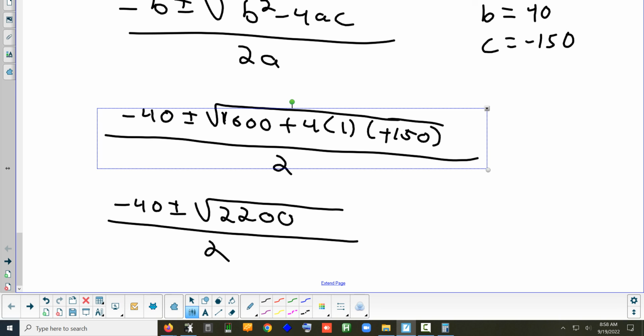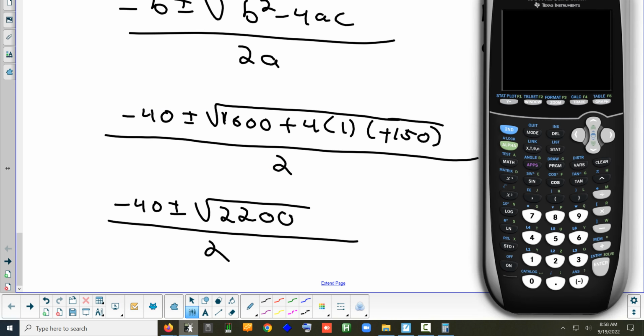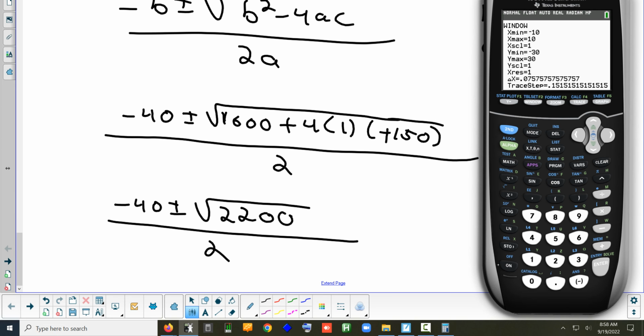And there we go. There's our answers. Let's just use the calculator and see what that comes out to. So I'm going to do the plus first. Negative 40 plus the square root of 2,200. So that's the numerator. And the denominator is divide by 2.